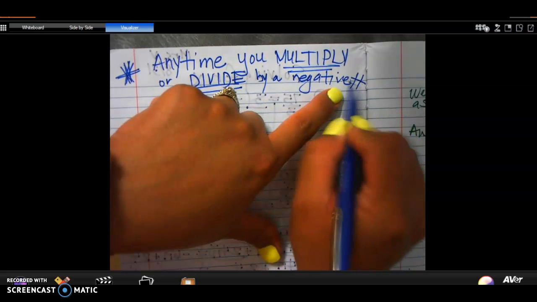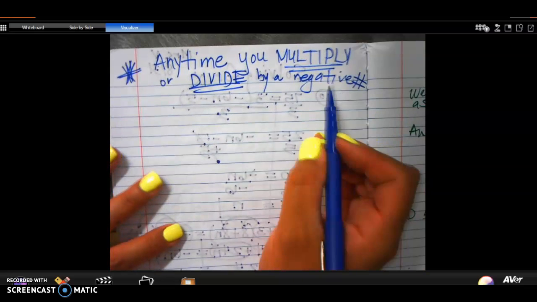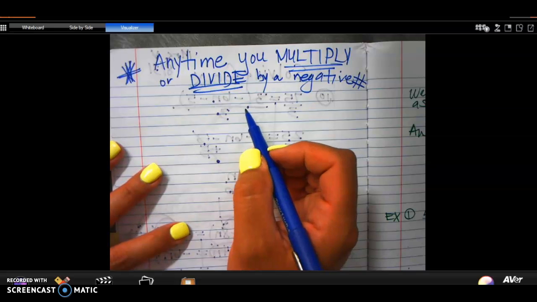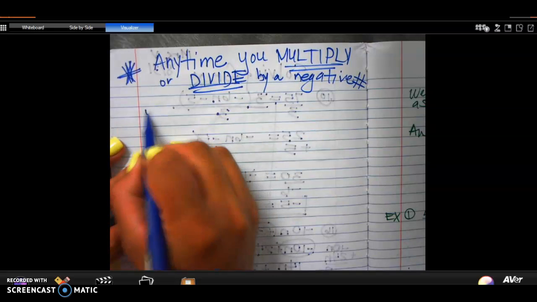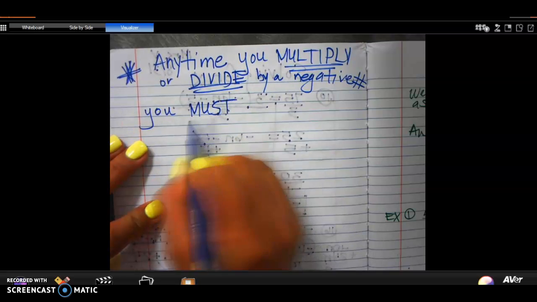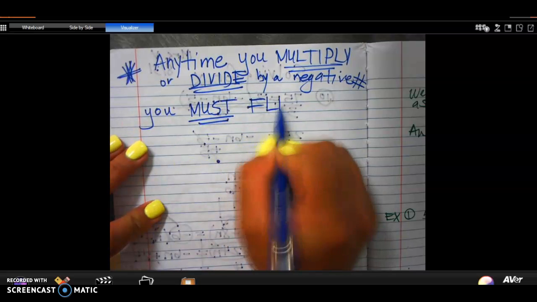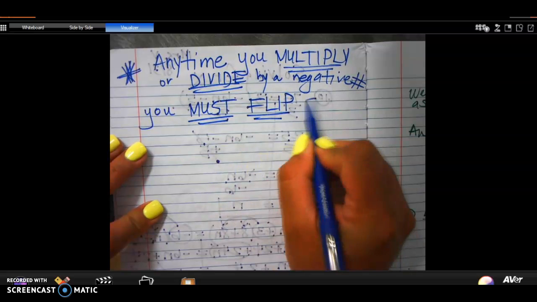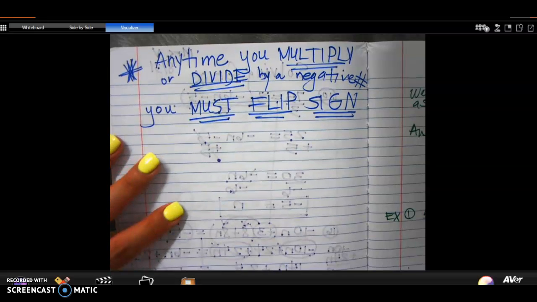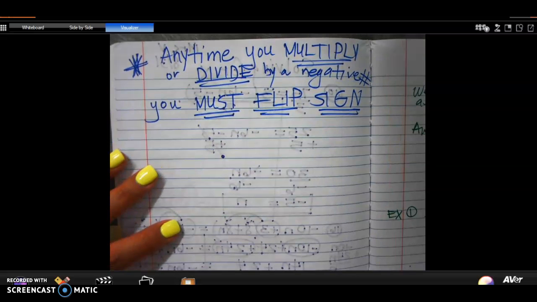So read that carefully. Anytime you multiply or divide, not add or subtract, right? Multiply or divide by a negative number, you must flip the sign. Okay, and by the sign, guys, we mean the inequality symbol.